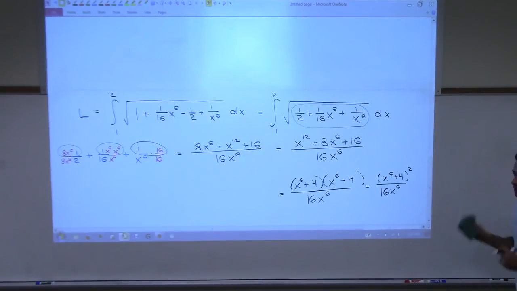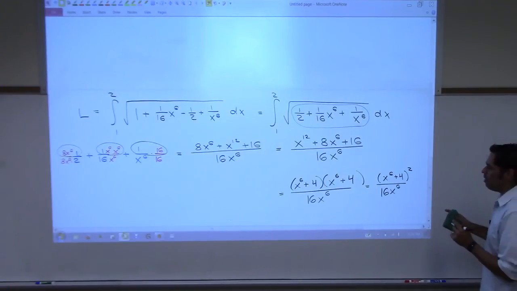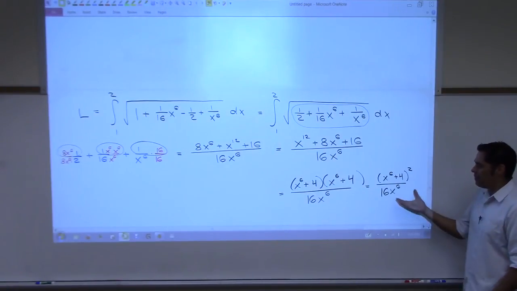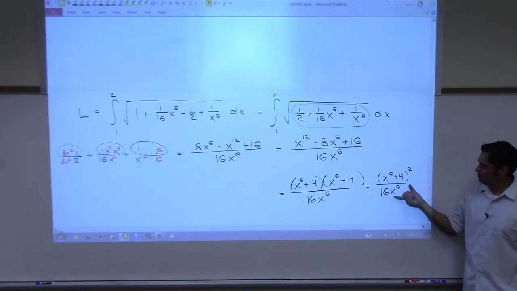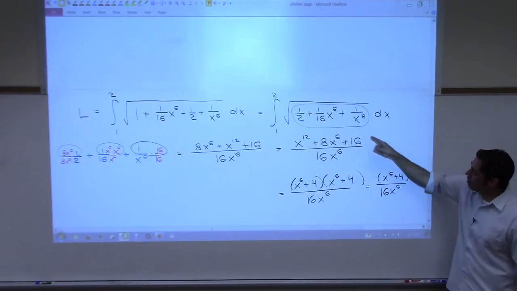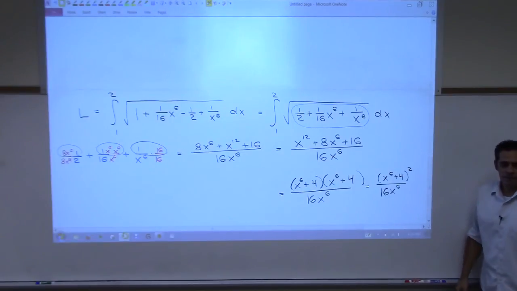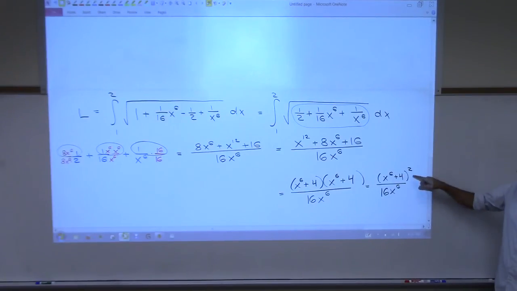All right? Good? Now, why am I excited about that being in there instead of that? What am I happy about? When I take the square root of this, if I take the square root of the top, the square is going to go away, right?